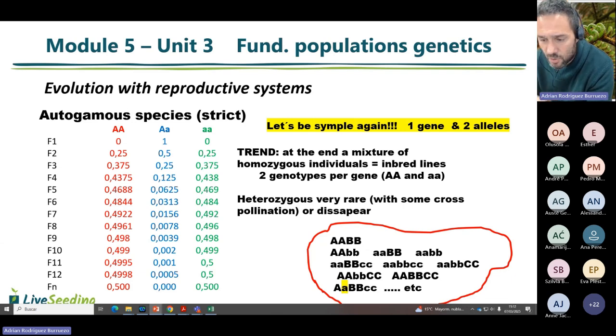With uppercase or lowercase alleles, but a mixture of highly inbred, highly homozygous individuals. The corresponding heterozygous part in the genes has almost disappeared. And this happens in highly autogamous species.